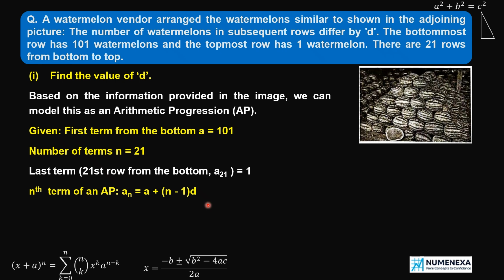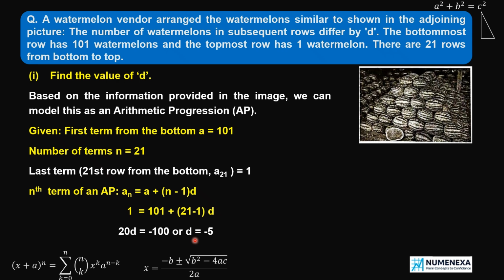As we know the first term from the bottom is 101, we just substitute the values. At the top we have one watermelon, so the nth term an will be equal to 1. The first term is 101, and n is 21. So 21 minus 1 into d, and on simplification we get d equal to minus 5.